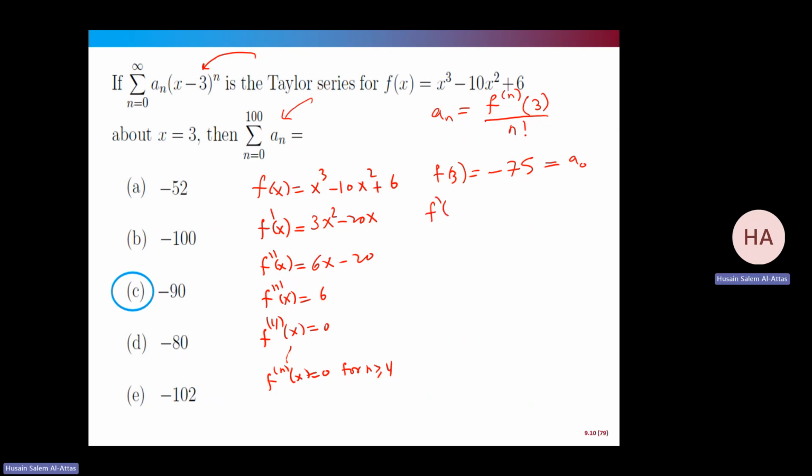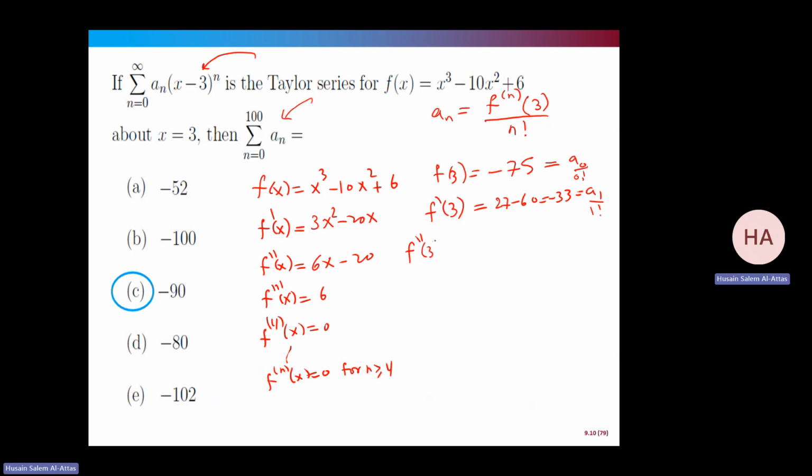F prime at 3, that will be what? 3 times 9, 27, minus 60, minus 33. 27 minus 60, which is minus 33, and that will be a_1, because a_1 over 0 factorial, actually, which is 1.